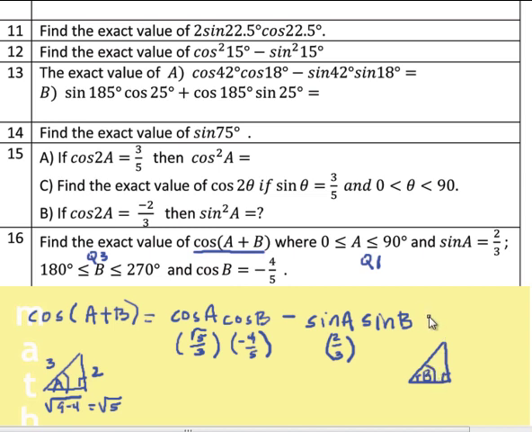Information about B: cosine is minus 4 over 5, adjacent over hypotenuse. This is a 3, 4, 5 right triangle. So now we want to know sine. Well, sine here is 3 over 5, and we're in quadrant 3, so that would be minus 3 over 5.